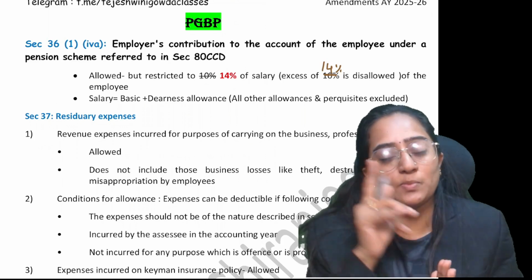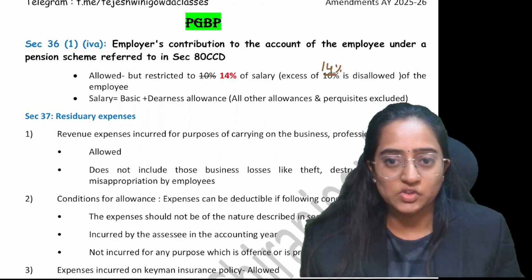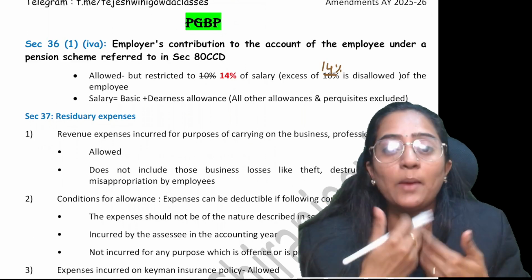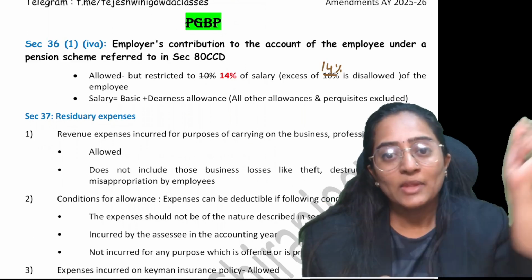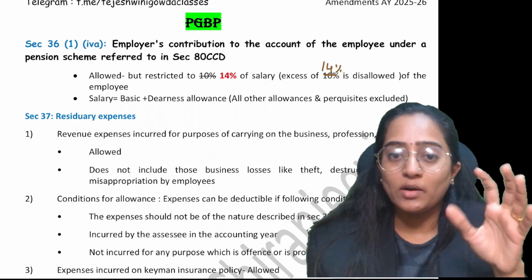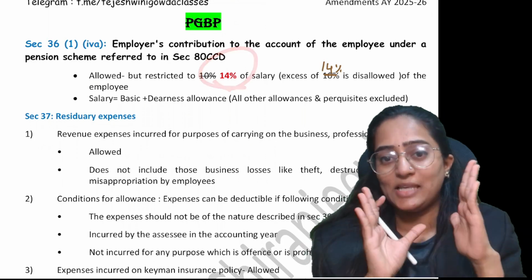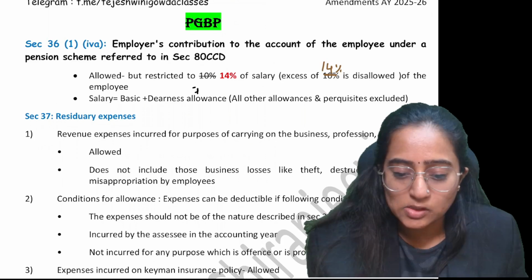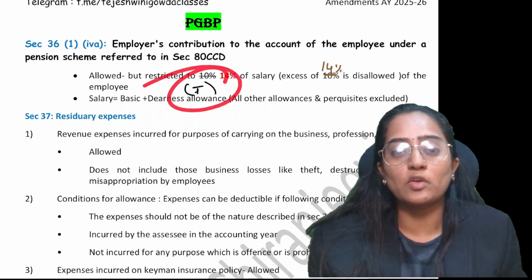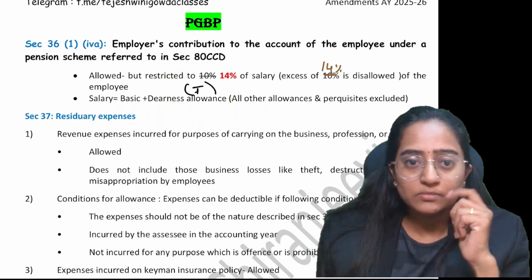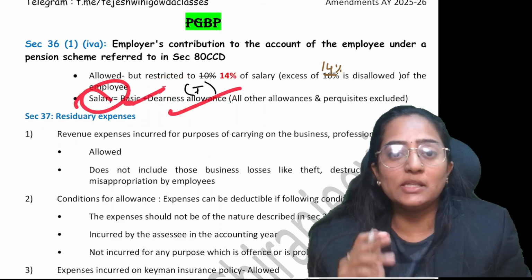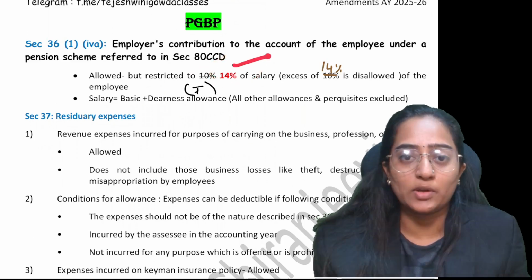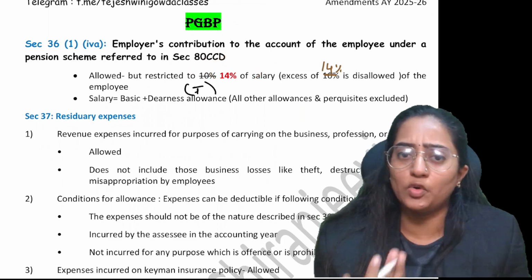His contribution we will see under the respective deduction chapter. But the amendment has come in the employer's contribution, wherein the employer contributes up to 14% of the salary. Salary here means basic plus DA in terms, forming part of the retirement benefit. Before it was 10%, now it is 14%. Excess of 14% is going to be disallowed.